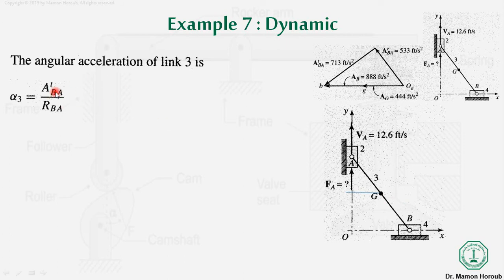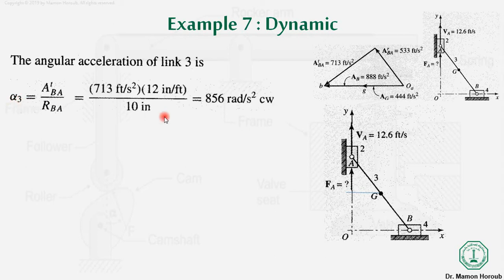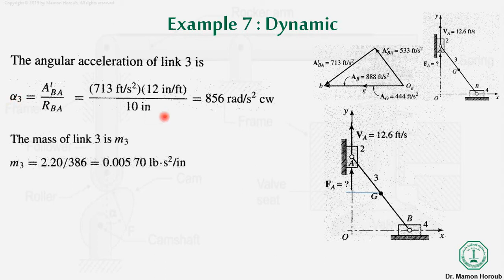As you know, the tangential velocity is equal to r omega, so tangential acceleration is equal to r alpha. From here we have the tangential acceleration component for link 3, and also we have the length of link 3. So from here we can find alpha 3.